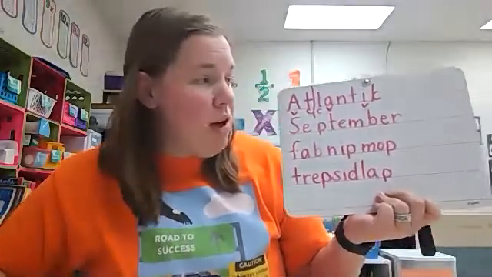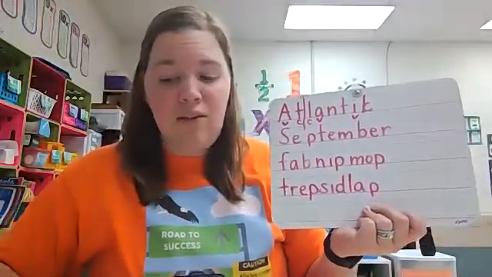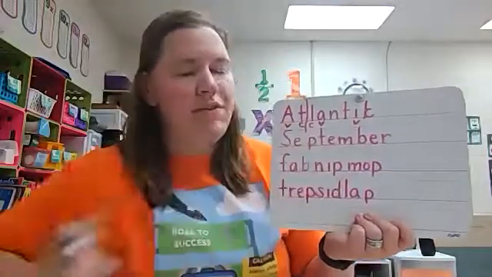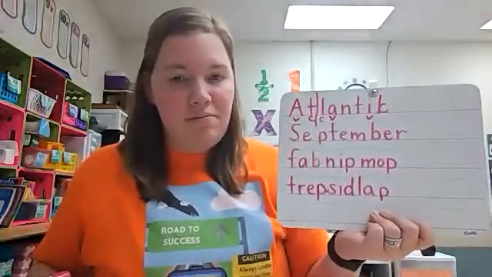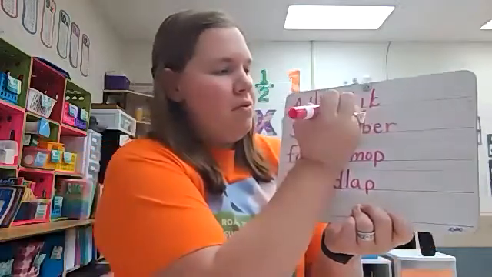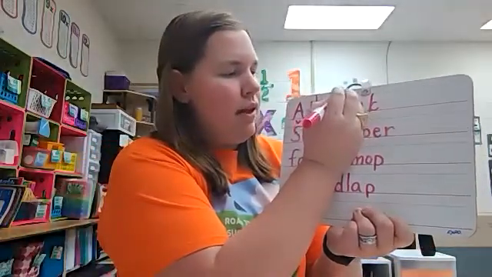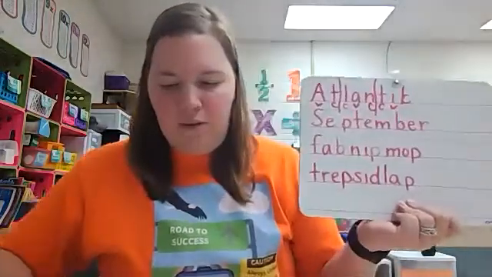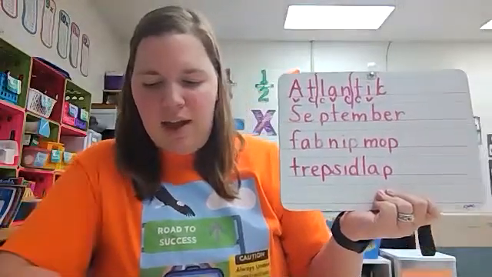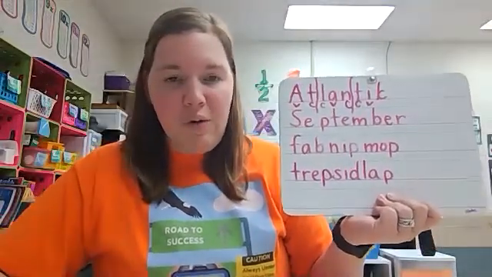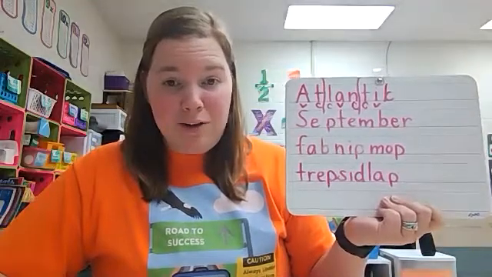Okay, so we still have part of the word left, and so we need to look between the next two vowels. How many consonants are there? There are two. So we're going to put our consonants, and we divide between the consonants. Very good. Okay, and so now look at this vowel pattern.